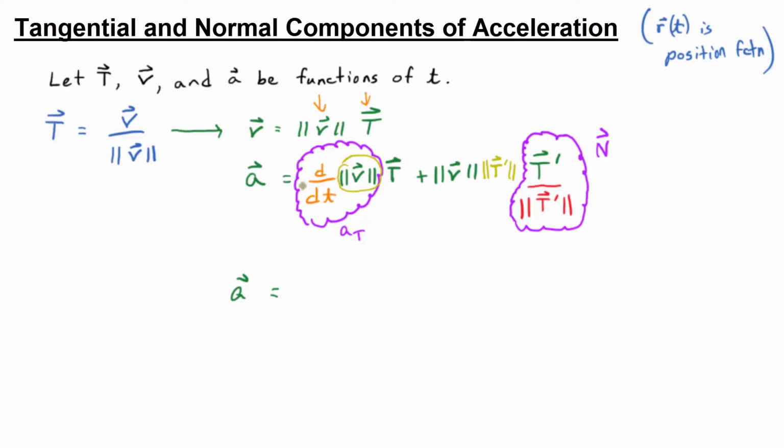So this thing that I'm calling a sub t for some mysterious reason at this point is, okay, how do you write the second derivative in Leibniz notation? So d/dt of ds/dt, it looks like multiplication, right? So d²s/dt squared. So this guy, d/dt of the magnitude of v, becomes the second derivative of s with respect to t because the magnitude of v is ds/dt.